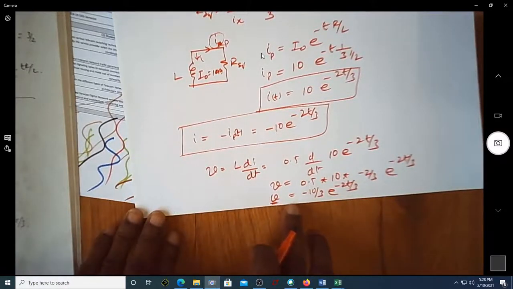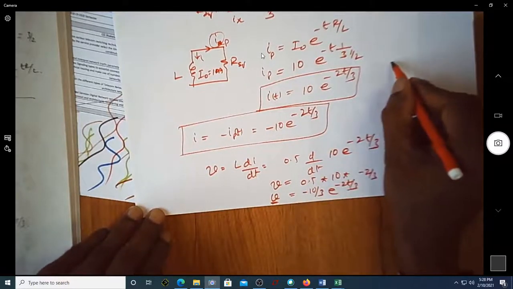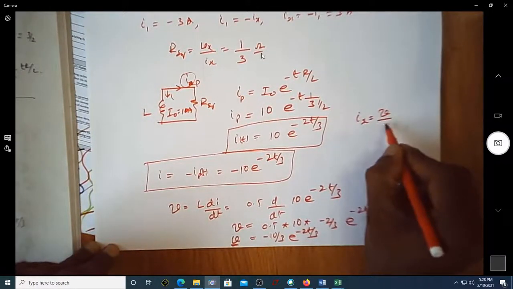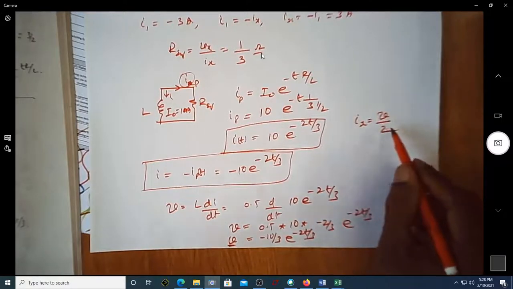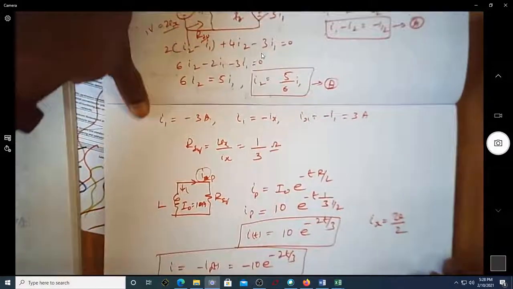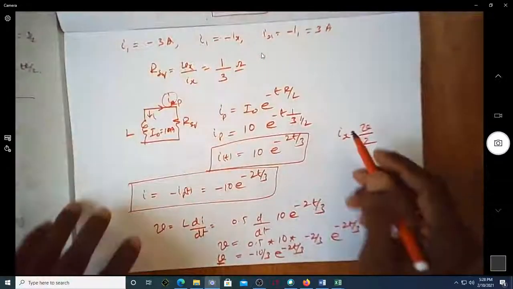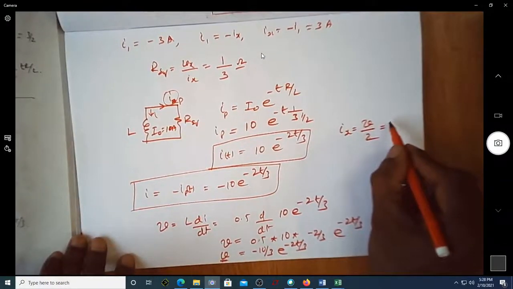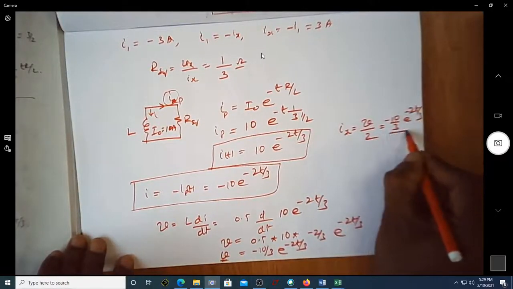Now you know the expression for voltage, but what is the expression for Ix? The expression for Ix is nothing but V divided by 2. What is this 2 here? Because 2 is the resistance of this resistor. So Ix is equal to V by 2, which is 10 by 3 e power minus 2t by 3 divided by 2.